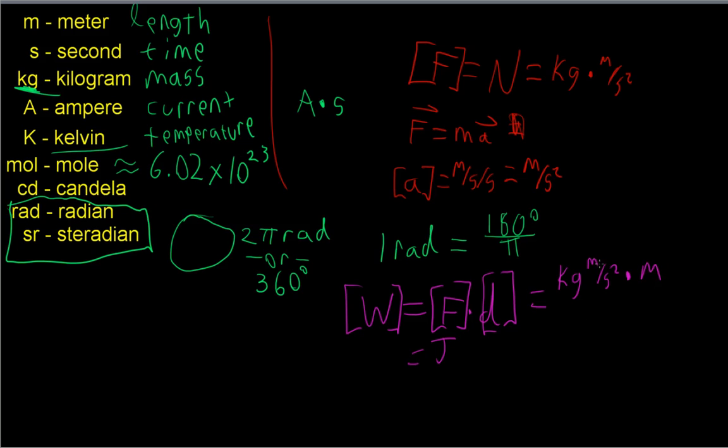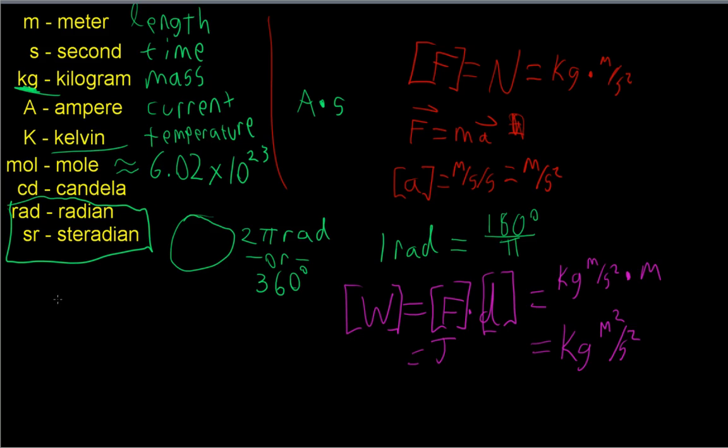So I can actually combine this m and this m, call that m squared. So the base unit of work, or a joule, is equivalent to kilogram meters squared per second squared. And if you happen to remember formulas for other things, and you happen to know those base units from those formulas, you can get all kinds of crazy things.